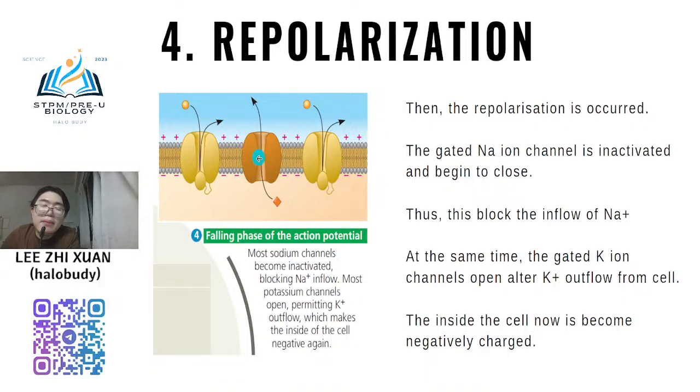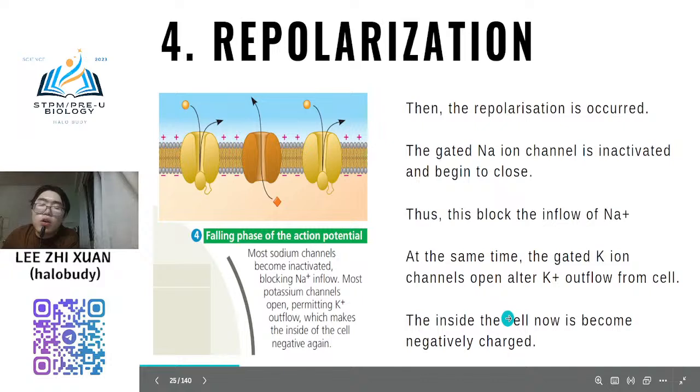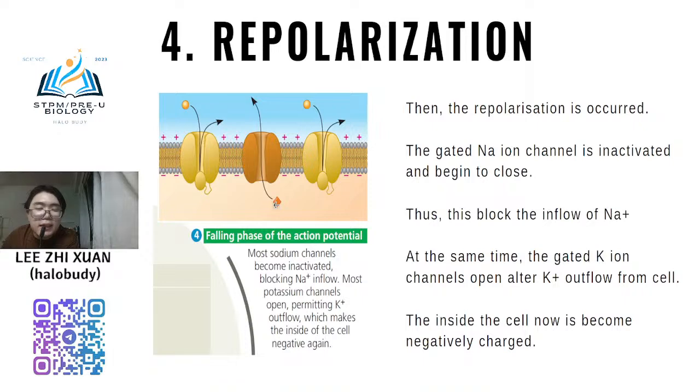And at the same time, your potassium ion gated channel will be open, meaning that sodium ions cannot pass through, and the potassium ion channel will be open, so all the potassium ions inside the cell will efflux out from the cell. So this will cause the charge inside the cell to start becoming negative.